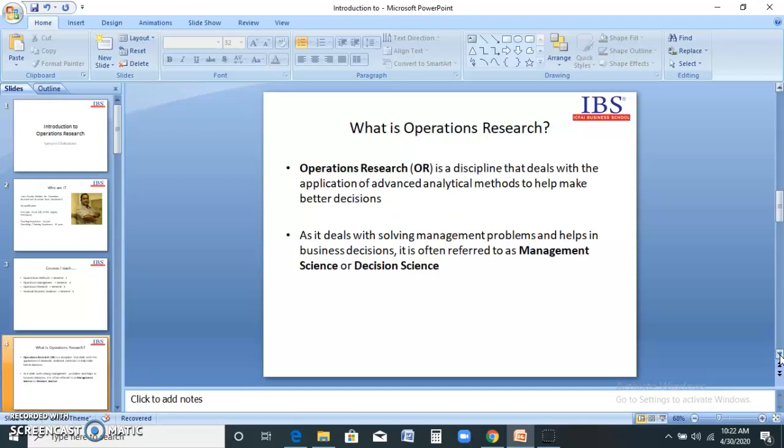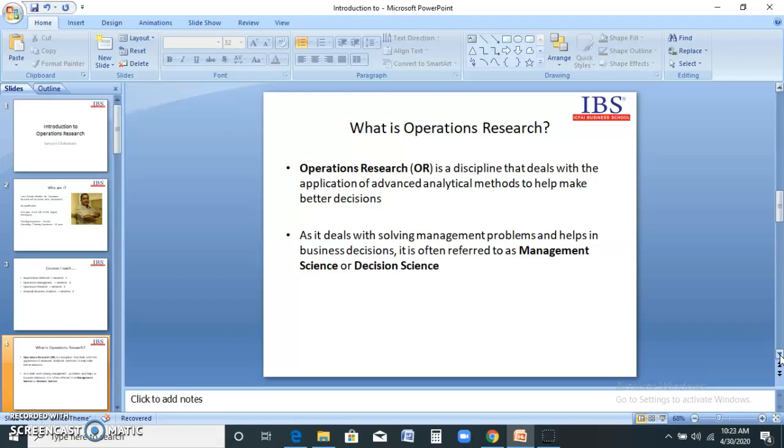Let me take this opportunity, my dear friends, to introduce to you the very interesting course, Operations Research. It is a discipline that deals with the application of advanced analytical methods to help make better decisions.